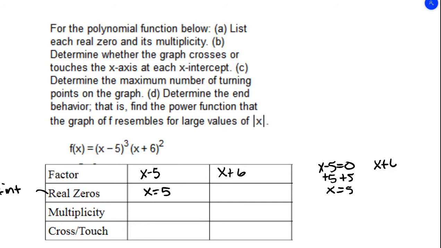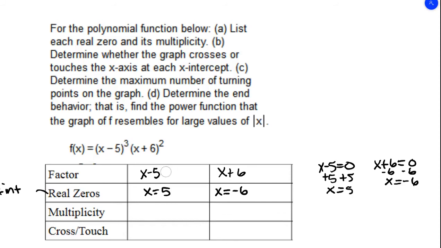We'll do the same thing with the other factor of x plus 6. We set it equal to 0, solve by subtracting 6 on both sides, and we get that this polynomial function has a real 0 or x-intercept at negative 6. And then we want to decide what the multiplicity is. Now the multiplicity is going to be how many of that factor we have.